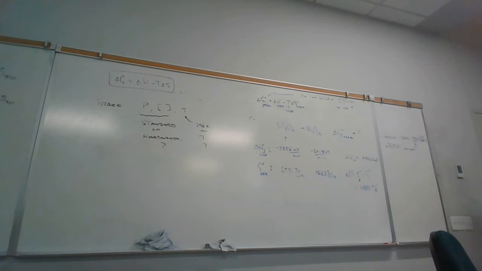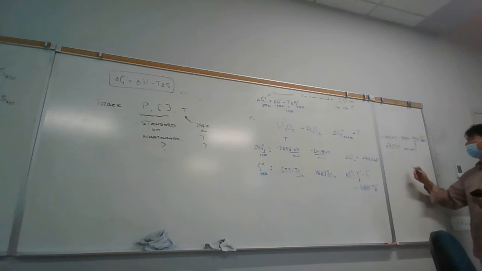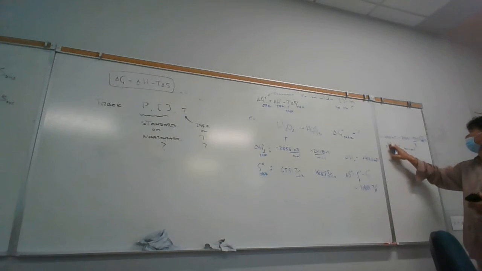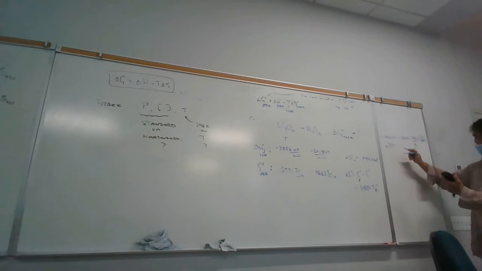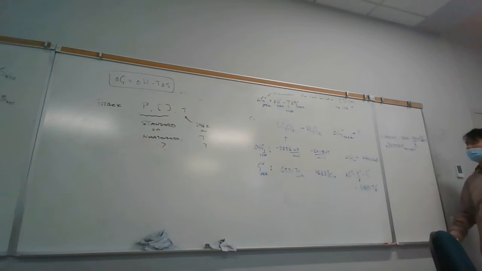So let me recalculate that one more time. Oh, I see. We just have to make sure the two units are the same. I was just confused because I thought that was you converting the kilojoules to joules for just the delta H. I see now. So I get 8.57078 kilojoules, and that's positive.